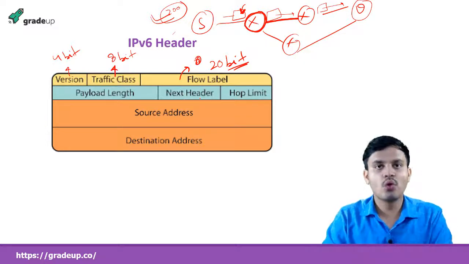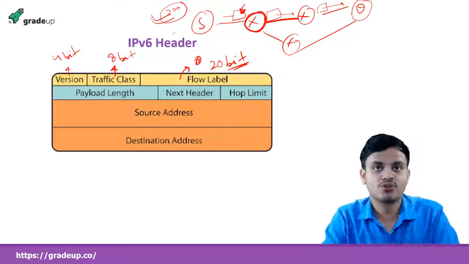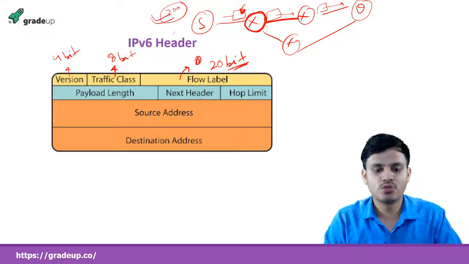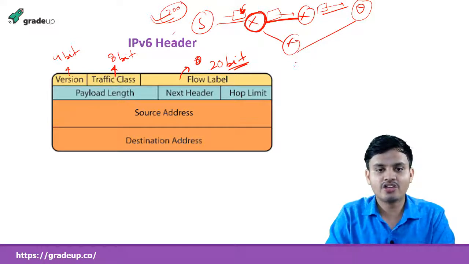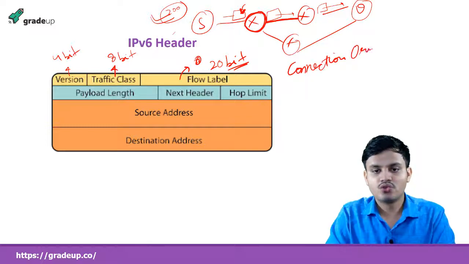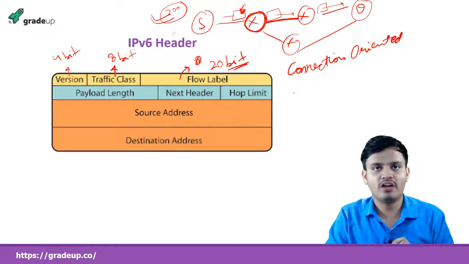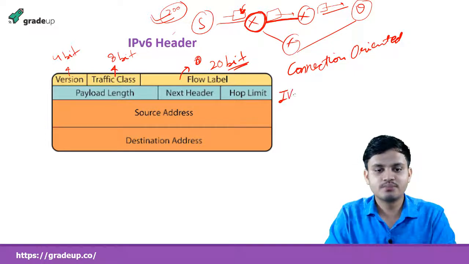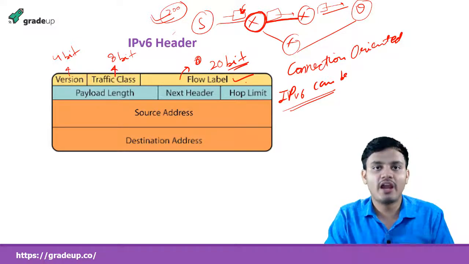So using the flow label, we can reserve some resources, and when we are reserving resources, it means that it is connection oriented. So IPv6 can be connection oriented. When we use the flow label field, it becomes connection oriented.